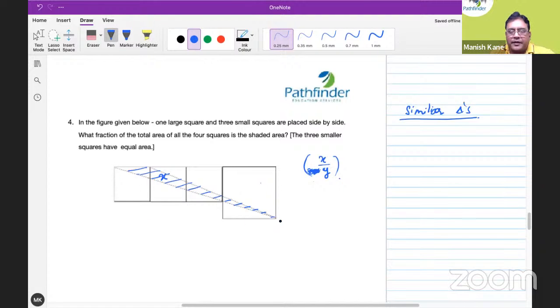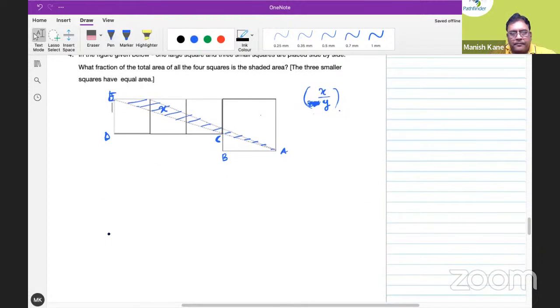Now, let me name these regions: A, B, C, D. Sorry, let this be C, let this be D, and let this be E. Now, I claim that triangle ABC is similar to triangle CDE.